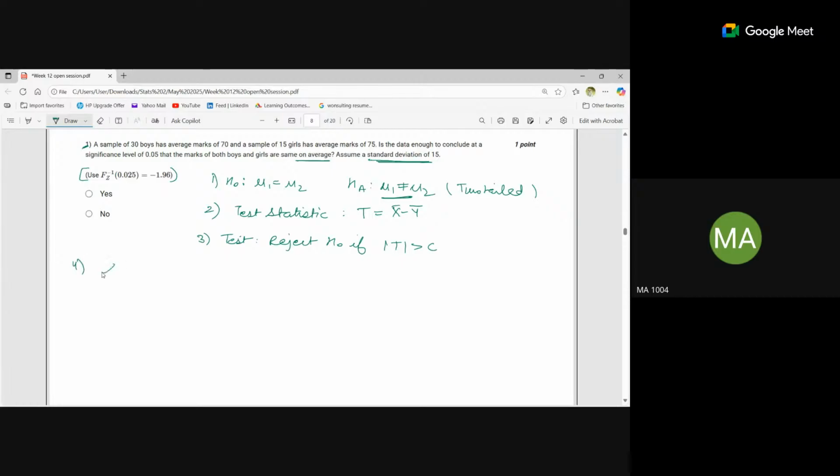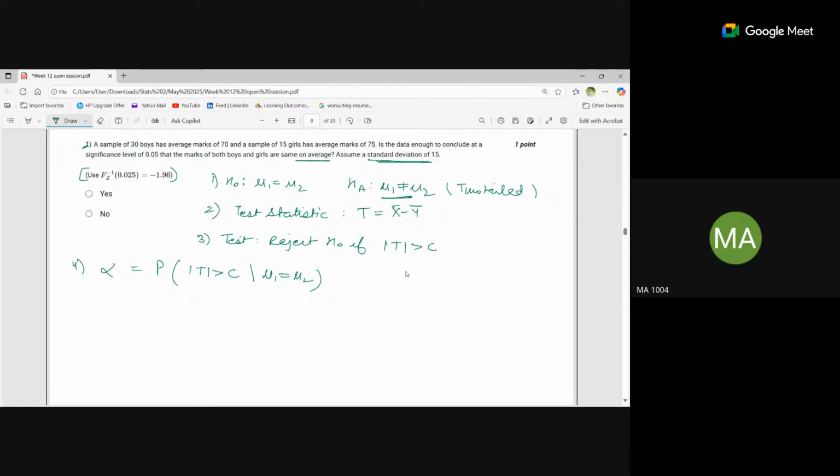Now the fourth step: what is my alpha? Alpha would be the probability of mod of t greater than c, given H naught, given mu1 equal to mu2. Now I have to convert this into a Z test.